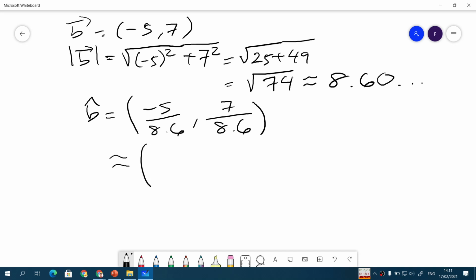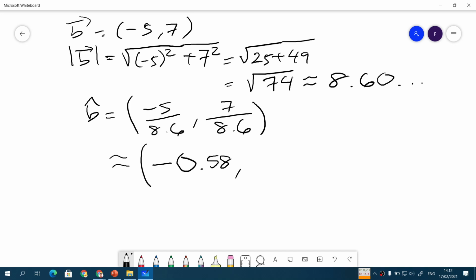Because I don't have a calculator with me, how much is minus 5 over 8.6? Minus 5 divided by 8.6 is minus 0.58 something.